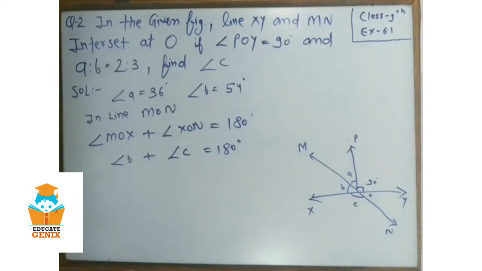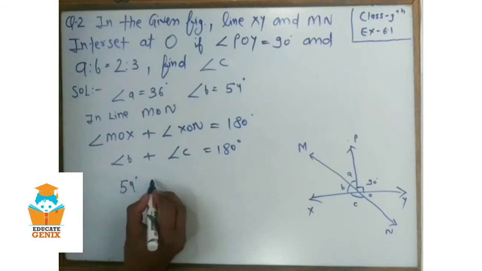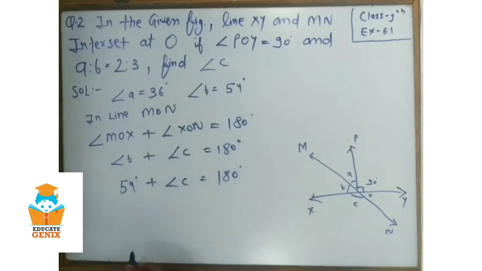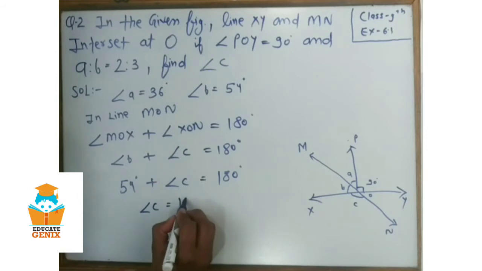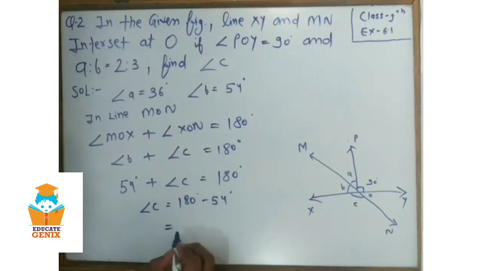We already found angle B equals 54 degrees, plus angle C equals 180 degrees. Therefore we shift 54 to that side, so angle C equals 180 minus 54 degrees, which equals 136 degrees.